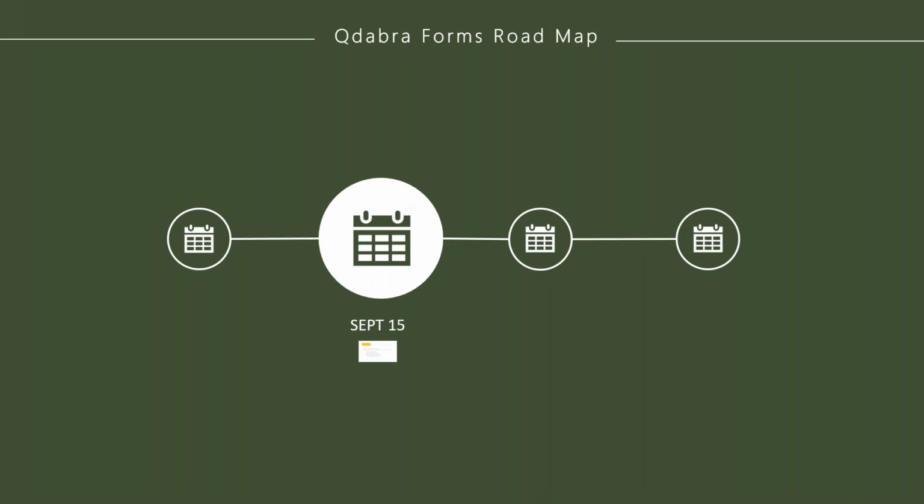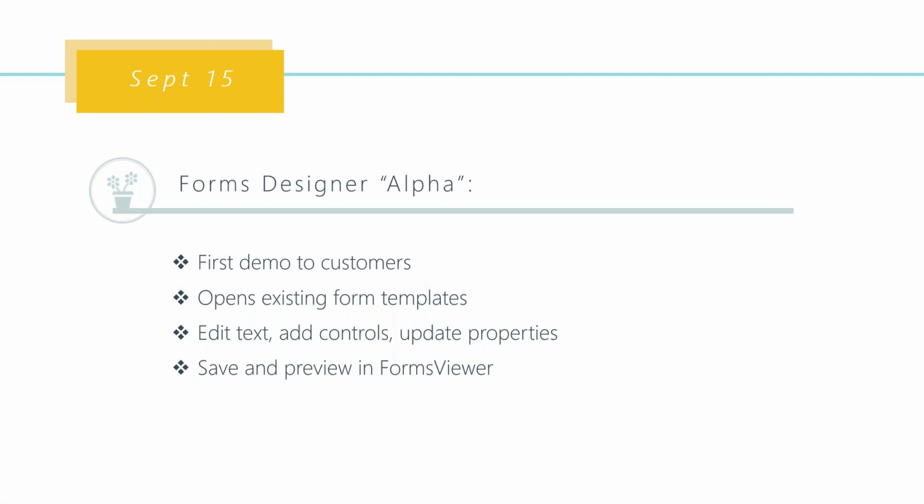We also have work underway for the forms designer, which a lot of people are curious about. We're planning to have our alpha version up and running in mid-September. So this is when we're going to first demo it to our customers. It should open existing templates, allow editing, making some edits to the view, maybe adding some controls and updating their properties.